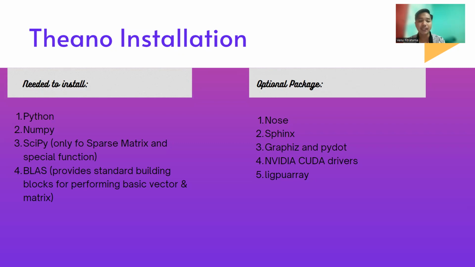While for the optional packages, there are nose to run Theano's test suite, and then Sphinx for building documentation, and then Graphviz and pydot to handle graphics and images, and then NVIDIA CUDA drivers, which is required for GPU code generation or execution. And the last one is libgpuarray, which is required for GPU or CPU code generation on CUDA and OpenCL devices. I think that's all from me. The next one will be a demo from Mr. Febrian Hendiva.